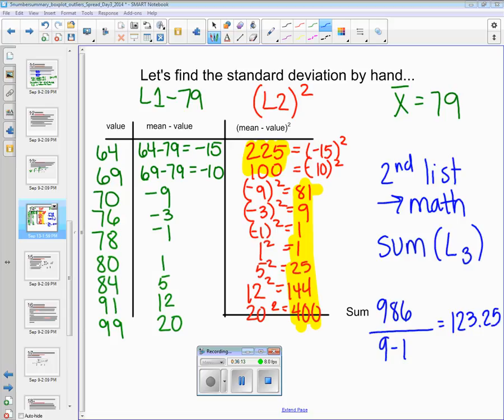What number is that again? The variance. If I'm asking you for the standard deviation, which I will ask you for, this is the variance. I want the standard deviation, so the standard deviation is the square root of 123.25, which is 11.1.